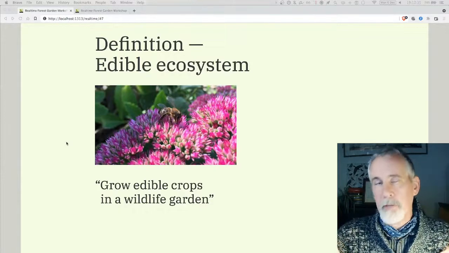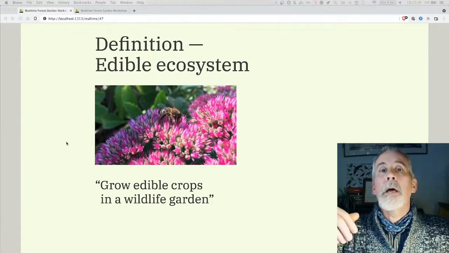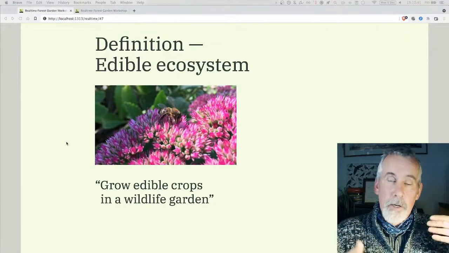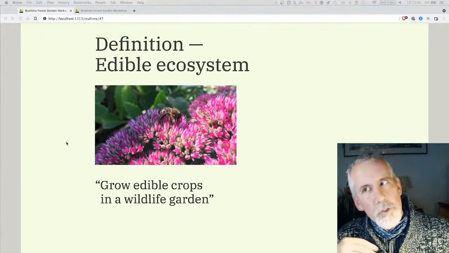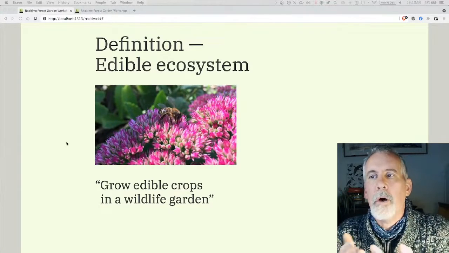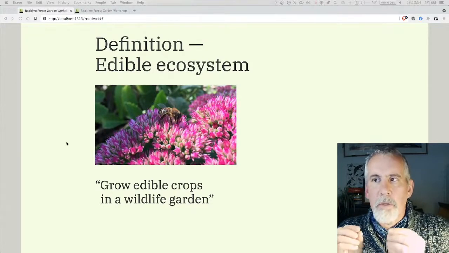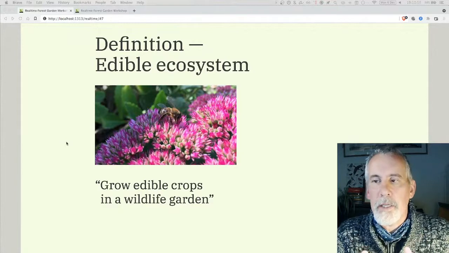I live in West Wales. The UK is in a cool temperate climate, and forest gardens have been associated with that. But I would stretch the definition of a forest garden actually, because the principles apply to a whole variety of different zones, so that it really is about creating an edible ecosystem.